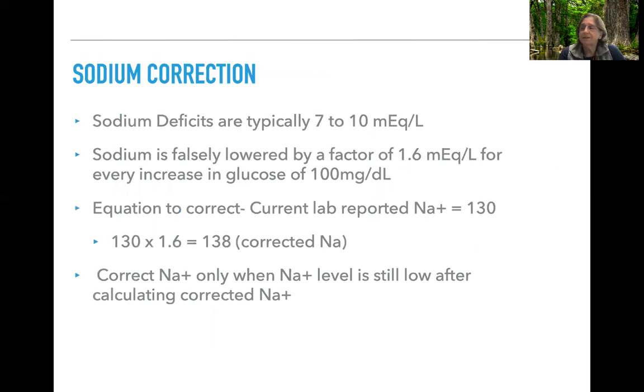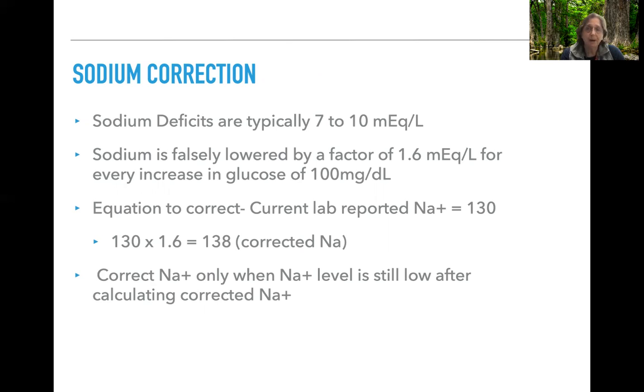Now we'll talk a little bit about sodium correction. Sodium deficits are typically 7 to 10 milliequivalents per liter. With DKA, sodium is falsely lowered by a factor of 1.6 milliequivalents per liter for every increase in glucose of 100 milligrams per deciliter.